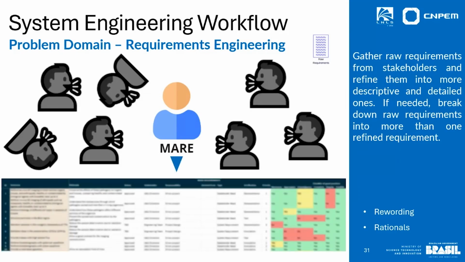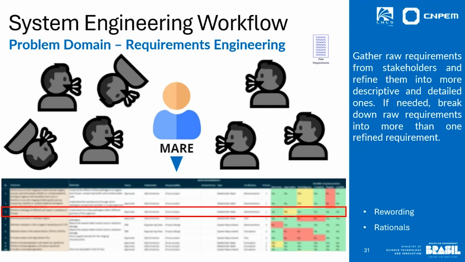We try to make a quick and dirty list of all these requirements and needs that came to us. And most important, we try to attach to these needs and requirements the rationale behind them, because we don't want to know just what you want, but what you want and why you want that.